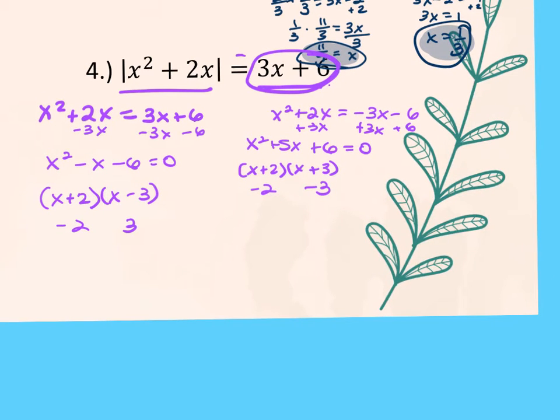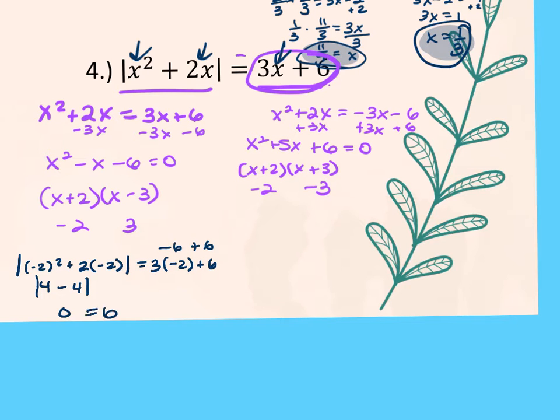So I'm going to plug them back in. Absolute value of negative 2 squared plus 2 times negative 2 equals 3 times negative 2 plus 6. 4 minus 4, absolute value would be 0. Negative 6 plus 6 is also 0. So that one works.